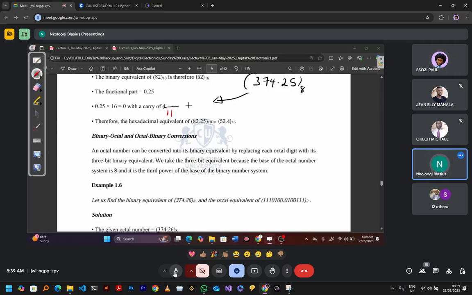So I'm separating, this is for the 3. The next one is 7. What's the binary equivalent? Is it 1, 1, 1? Be sure. 7 is what I'm talking about. So this was 3, and this is 7. What about 4?